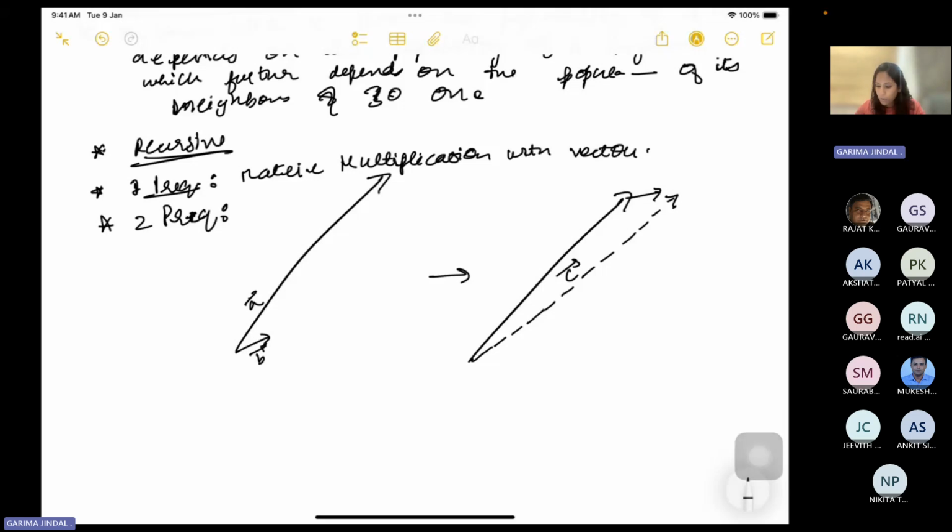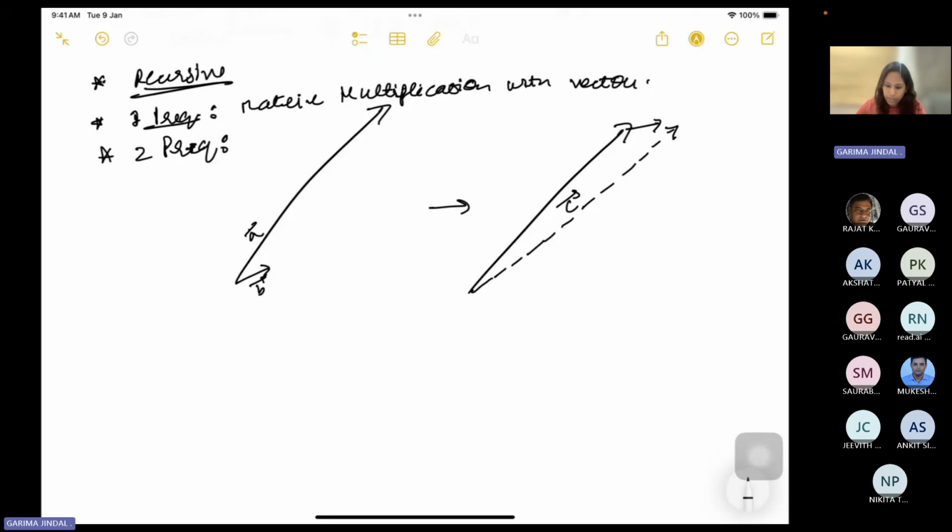Okay, so now if you understand these two prerequisites, I will also give you some basics about eigenvalues and eigenvectors. The third prerequisite is that you should know some basics about linear algebra, about eigenvalues and eigenvectors.